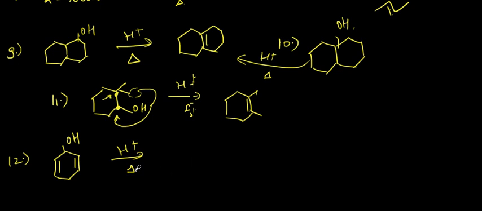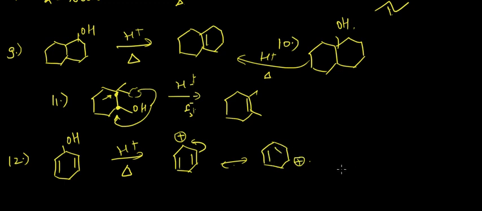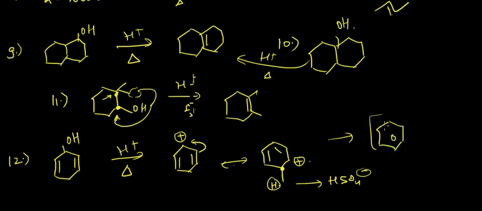So what happens in this case is, positive charge comes here, and on rearrangement we will have positive charge here, and then this acidic hydrogen would be taken by HSO4 minus, if we have concentrated H2SO4 as a source of our H plus ion. Hence we will have a benzene like structure, or benzene only, which is aromatic.